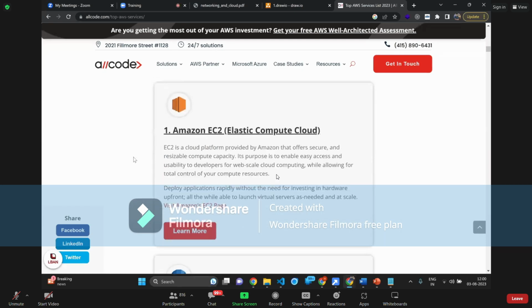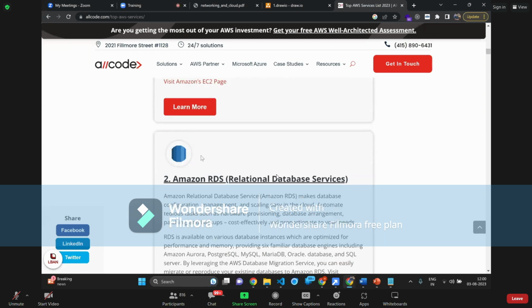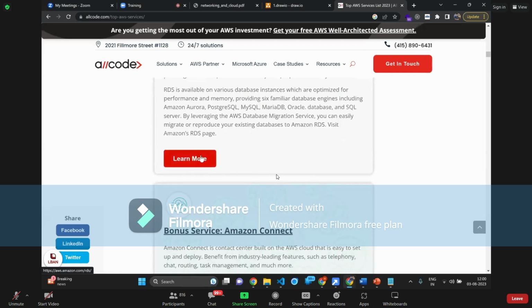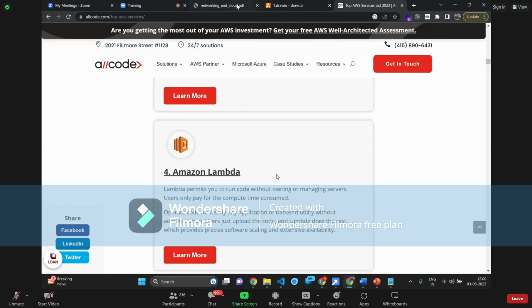So EC2 will do what? Cloud platform, Amazon offers secure, reliable compute. RDS is a relational database. Then your S3. So your basic understanding of Amazon Web Services is enough.